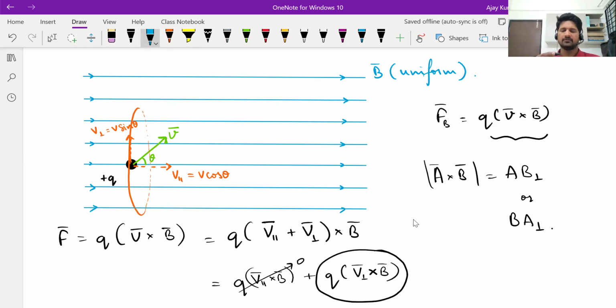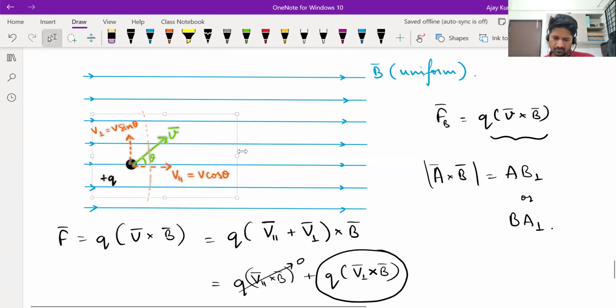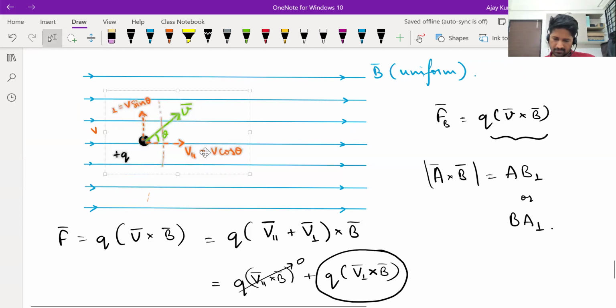So it moves in a circle in the yz plane due to V perpendicular, but there is V parallel also. V parallel is velocity in the x direction. So as it tries to execute circular motion in the yz plane, it gets dragged in the x direction due to that V parallel component. So effectively, let's assume the particle was here.